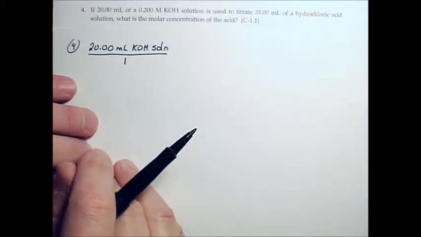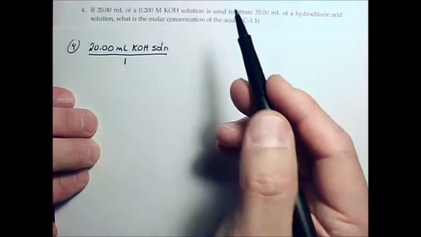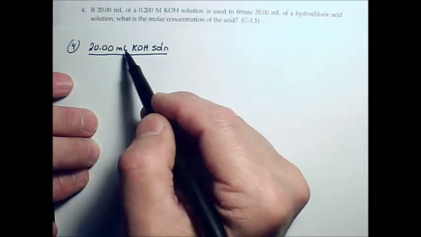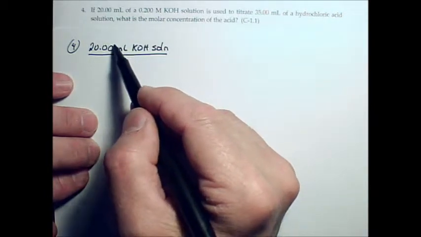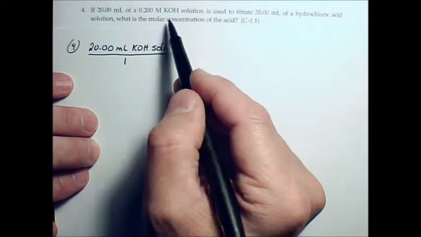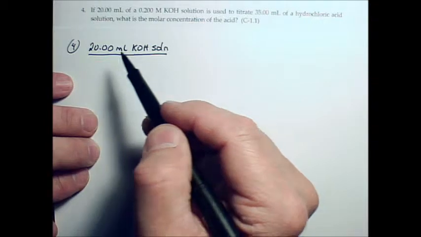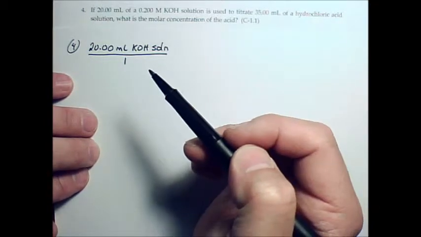Okay? That's what we start with. Since I'm doing molar calculations here, I need to have this unit of measurement in liters. That's what molar is. It's in moles per liter. So I need to have this in liters too.